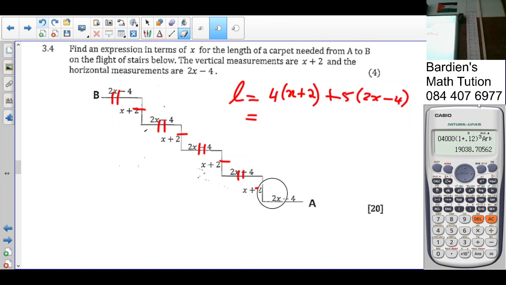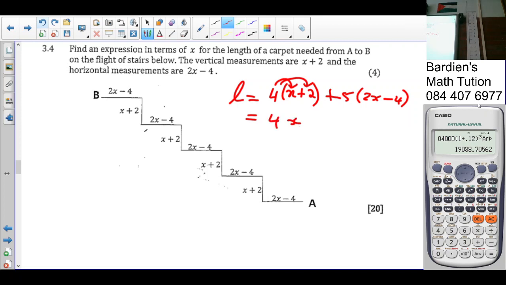So what do we do first? We say it's going to be 4x plus 8 plus 5 times 2x, which is 10x minus 20.